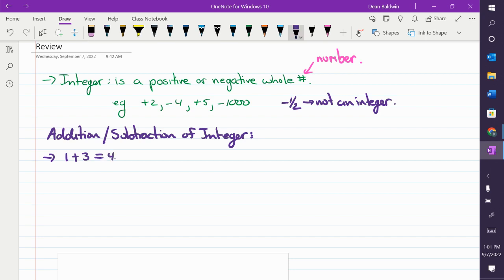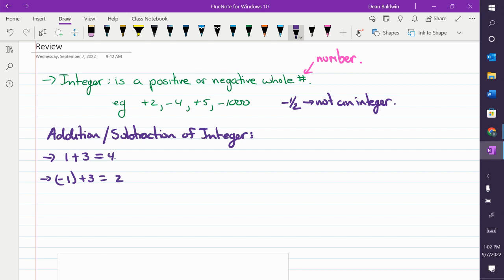Okay. Negative 1 plus 3. Did everybody hear what they said? They said 2, right? Is that correct? Do we agree with that? Who said no? 2.